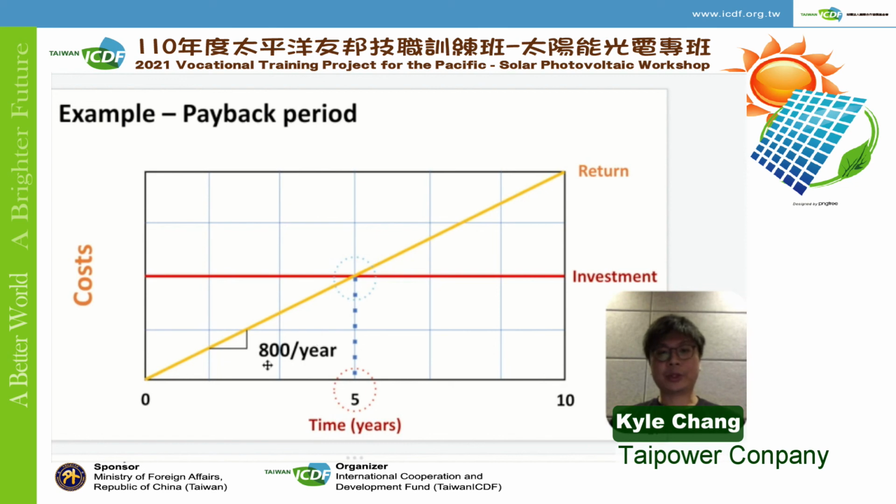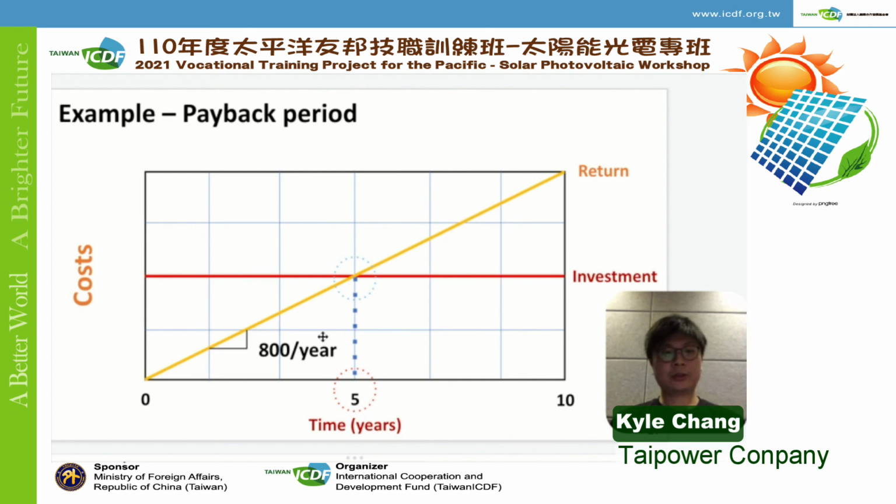As the years progress, the saving is accumulated. At some point in time, the saving will exceed the cost of the investment. The period of time from the initial investment to this break-even point is called the payback period.